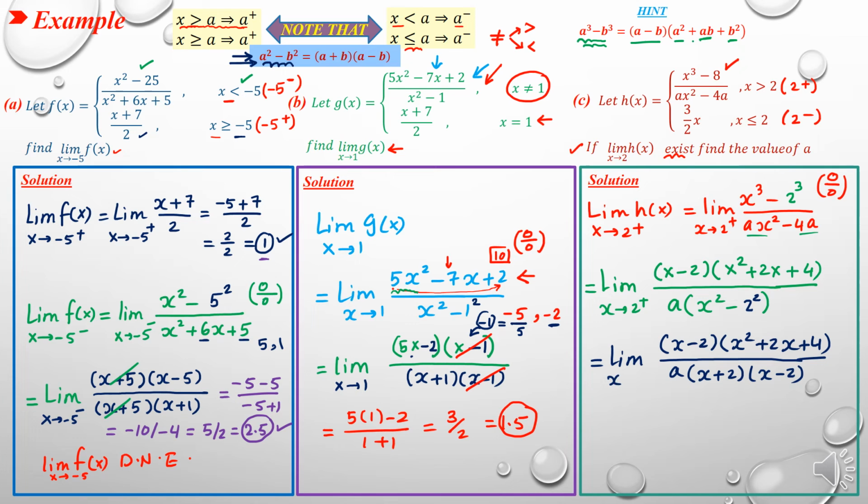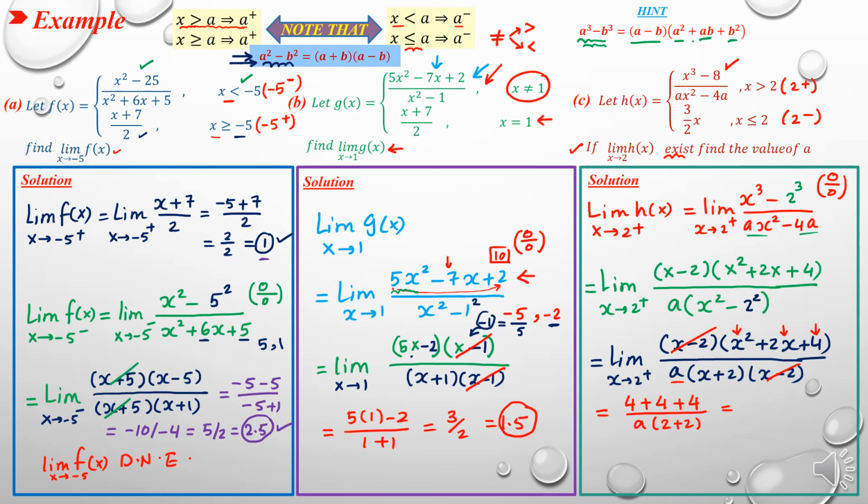Now you have to eliminate the common expressions between the numerator and denominator. So you have to cancel x minus 2 with x minus 2, and you have to substitute x equals 2 in the function inside, and you will get 2 squared, which is 4, plus 2 times 2, 4 again, plus 4 divided by a multiplied by 2 plus 2.